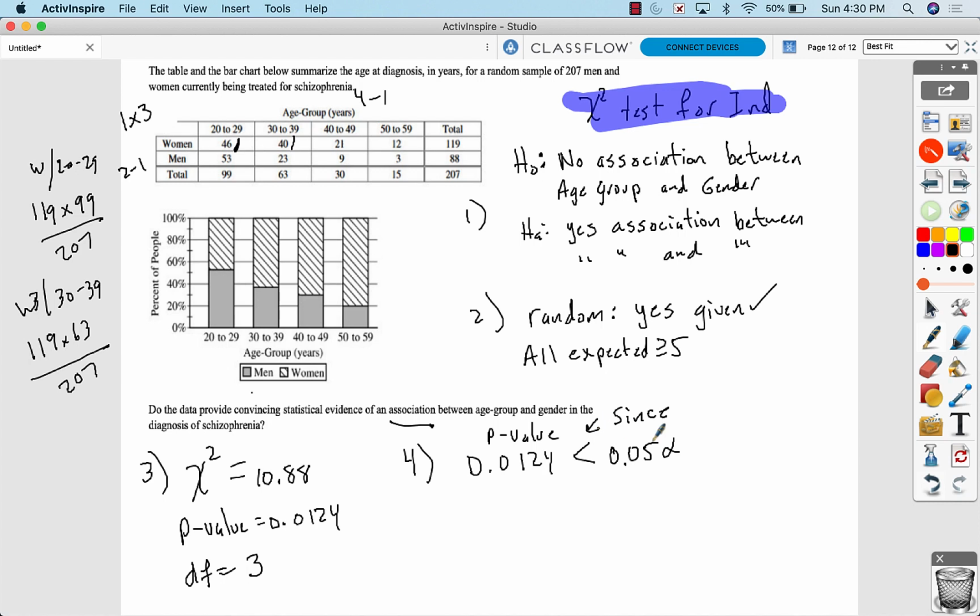Since this is true, we reject H0. We found convincing statistical evidence of, and I'm just recopying it.